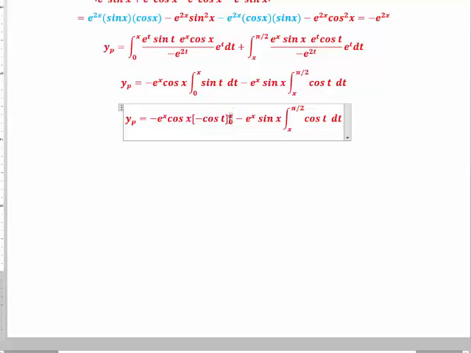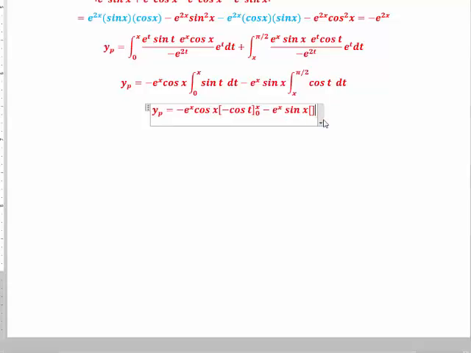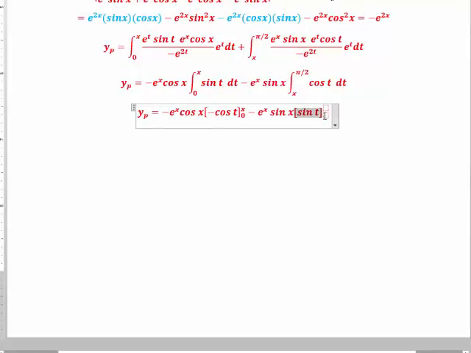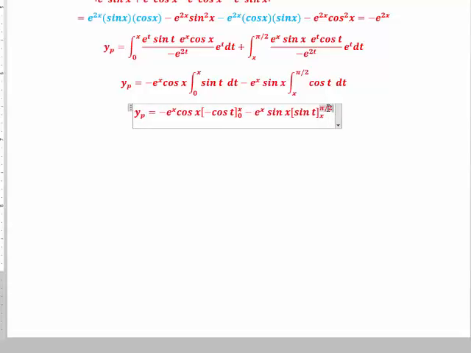So that'd be negative cosine x, and then cosine 0 I think is 1. Okay, we'll do that in a minute. Same business over here. The antiderivative of cosine is sine of t, and then we will evaluate this from x to pi over 2.